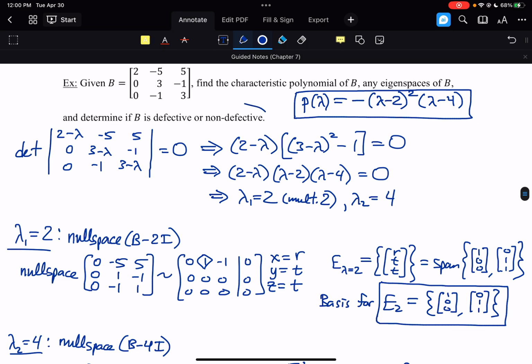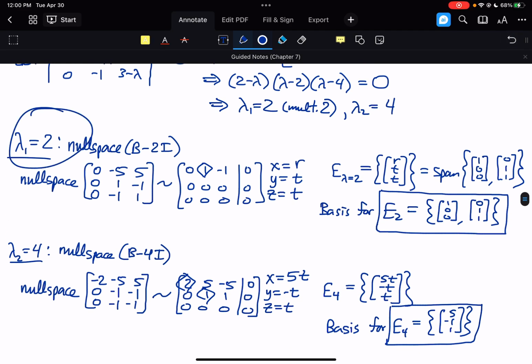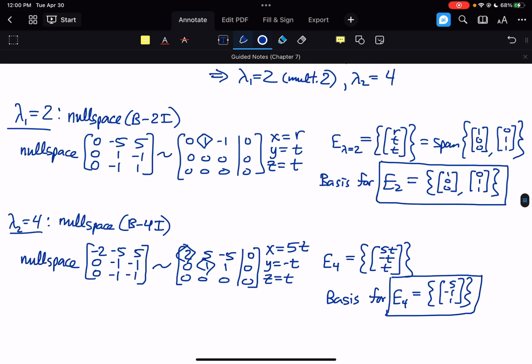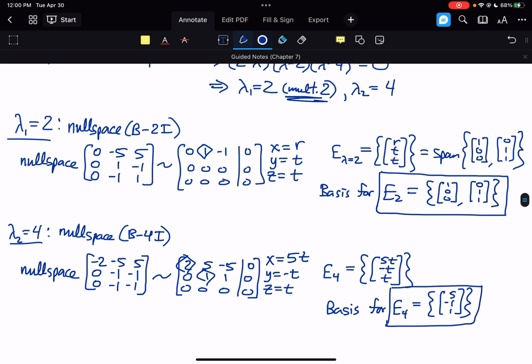And the final question, defective or non-defective, we actually could have answered that back here with lambda equals 2, because that eigenvalue had a multiplicity of 2. It needed to produce 2 linearly independent eigenvectors, and it did. So that eigenvalue pulled its weight. And then, of course, lambda equals 4 produced 1.